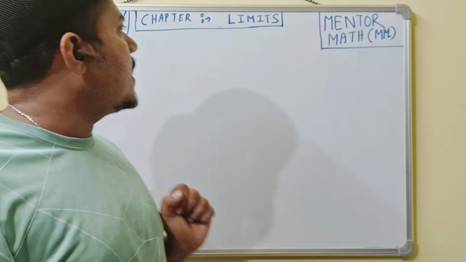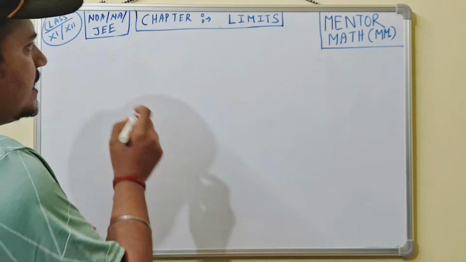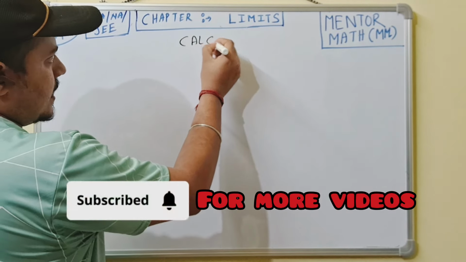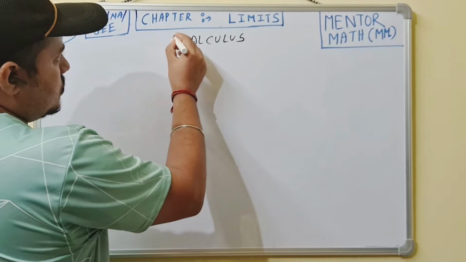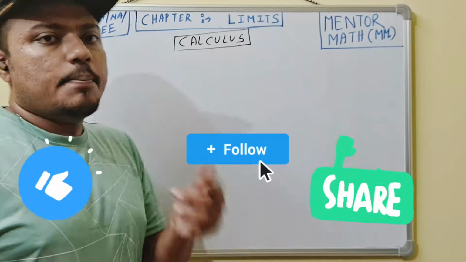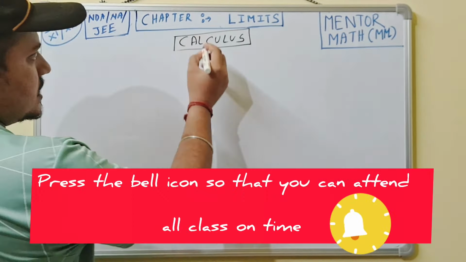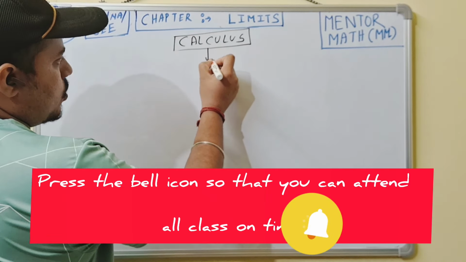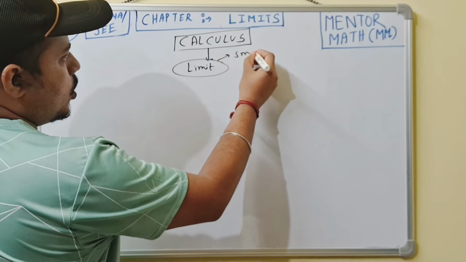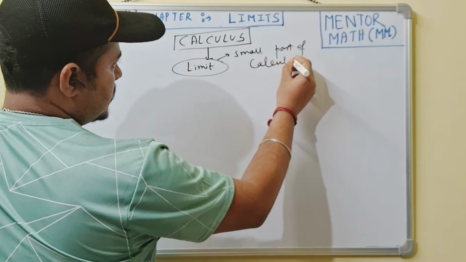So what do we mean by limits actually? Limits basically come from calculus. Calculus is a vast topic of mathematics, and limit is a small part of calculus.